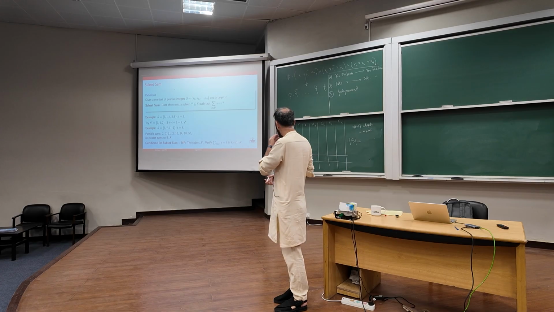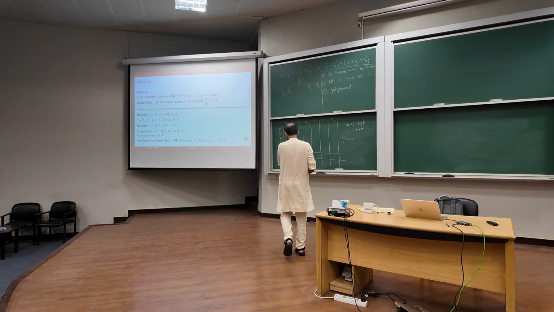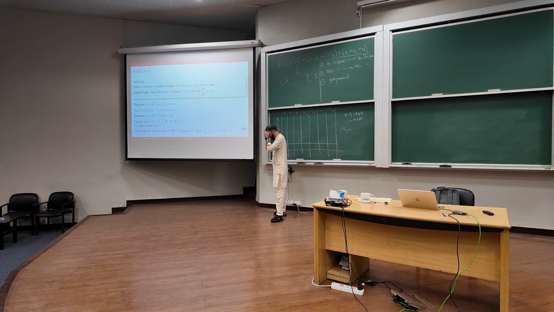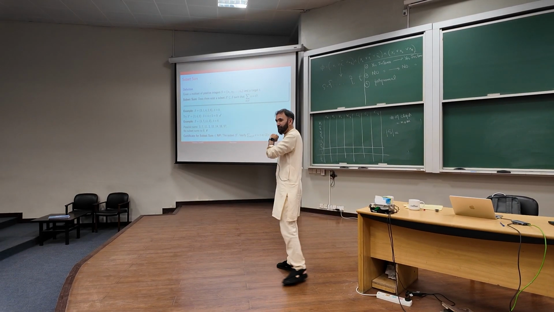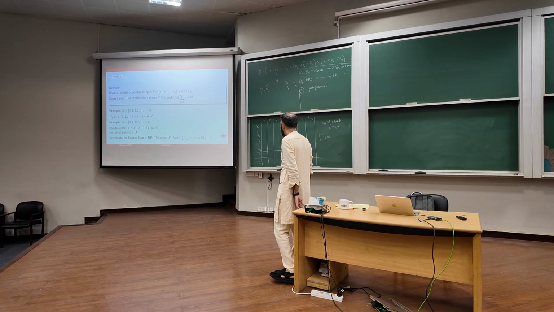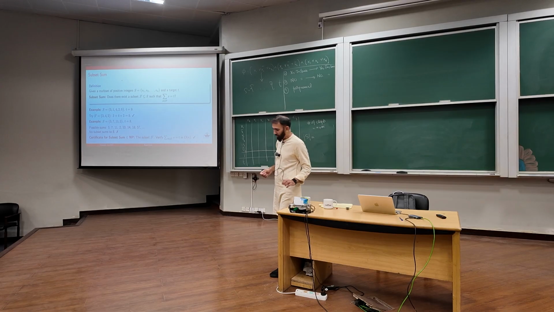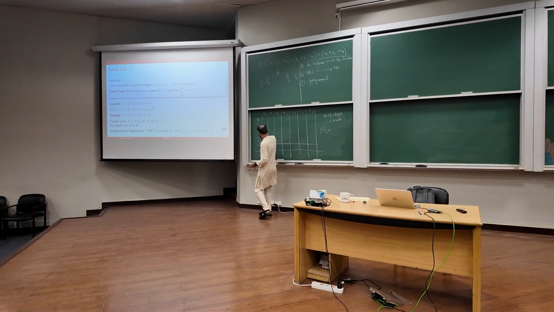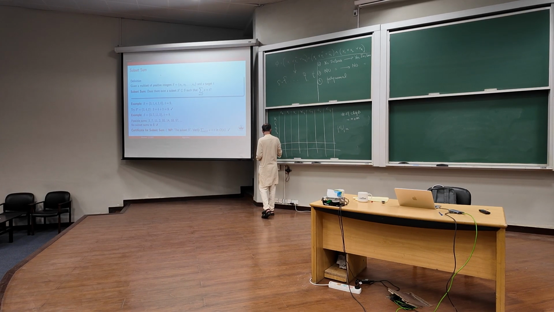For this Boolean formula, how many variables are there? x4, so I'll have a v4 and v4 dash.